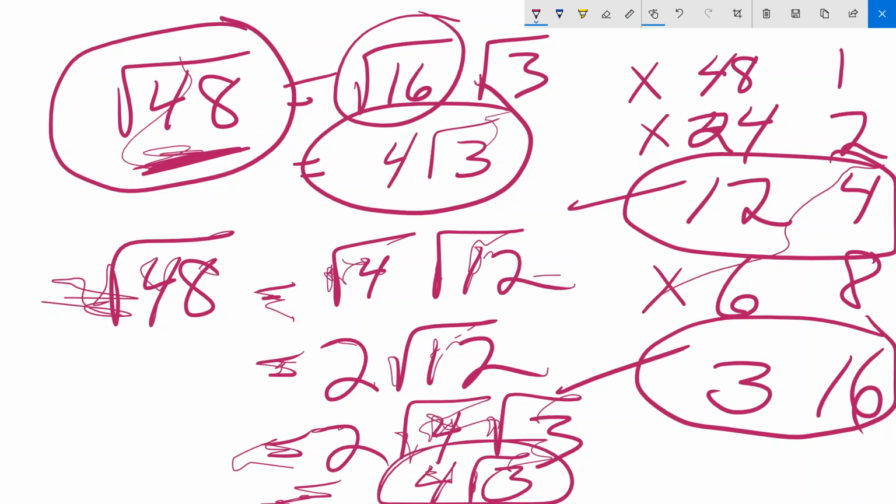They are both perfect square numbers, but you always want to use the largest. You can get to the answer using the smaller one. Definitely can. It just takes more steps.